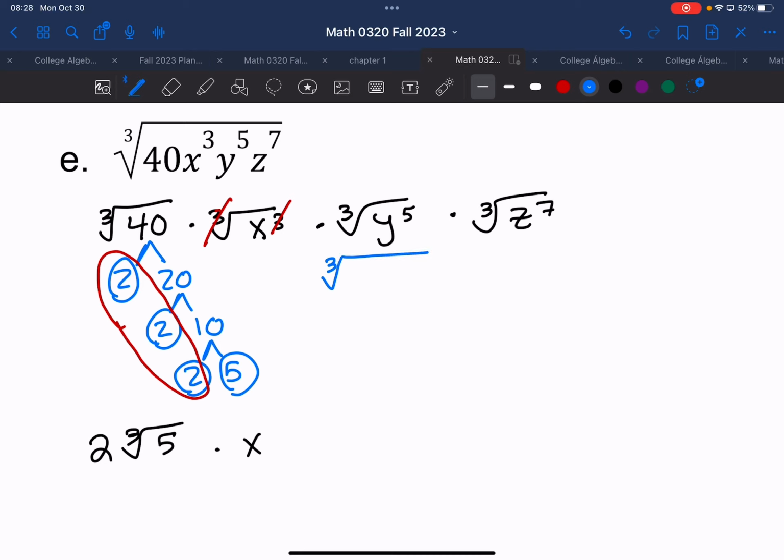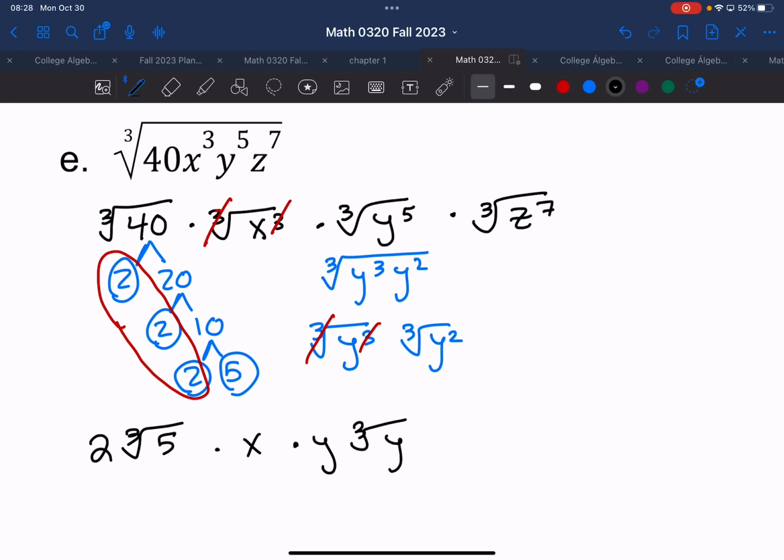Y to the 3rd, y to the 2nd. Correct. So y cubed and y squared. So if we separate this, which one cancels out? The first one. So that means for this one, we're left with times y cube root of y squared, because we can't simplify the cube root of y squared.